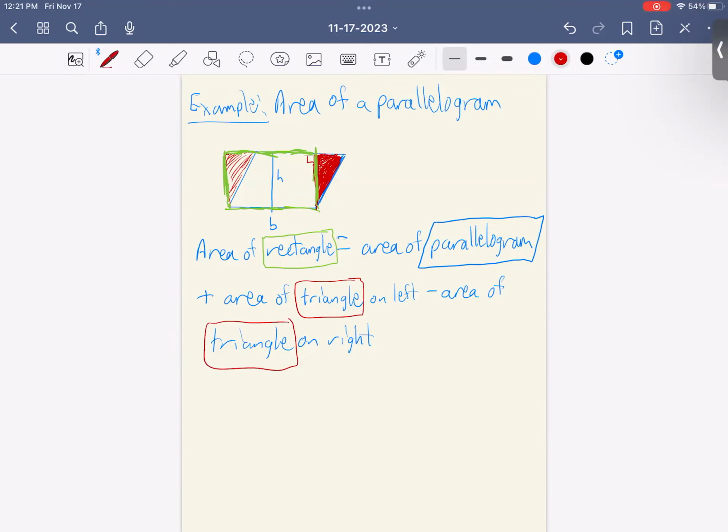So the area of the triangle on the left and the area of the triangle on the right. And altogether, this is just equal. So if I have the area of the parallelogram plus the area of the triangle on the left minus the area of the triangle on the right, well, these are the same. These triangles have the same area. So what we get is that the area of the rectangle is in fact equal to the area of the parallelogram.